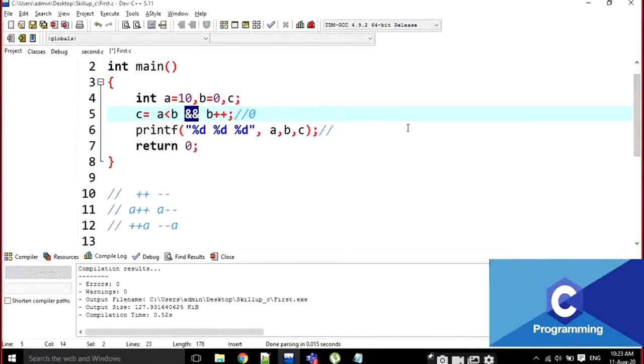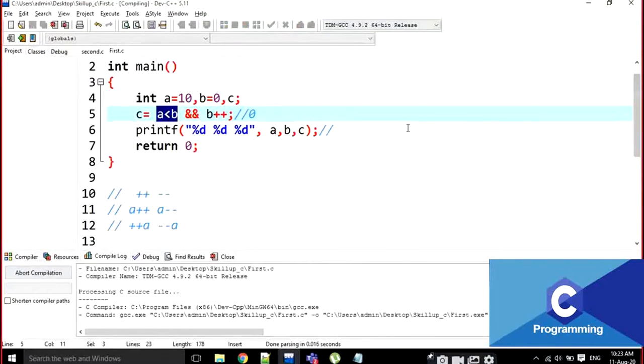That's why the output of C is 0. B is not incremented. Why? Because this line is not executed. Because the control is stopped at this position. That's why A is 10, that is fixed. B is not modified. B is 0 and C is also 0. The output is 10 0 0.